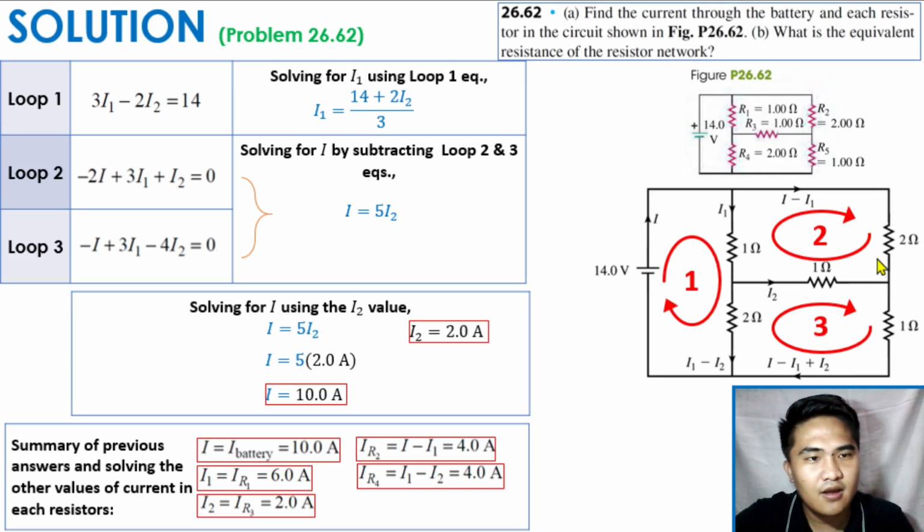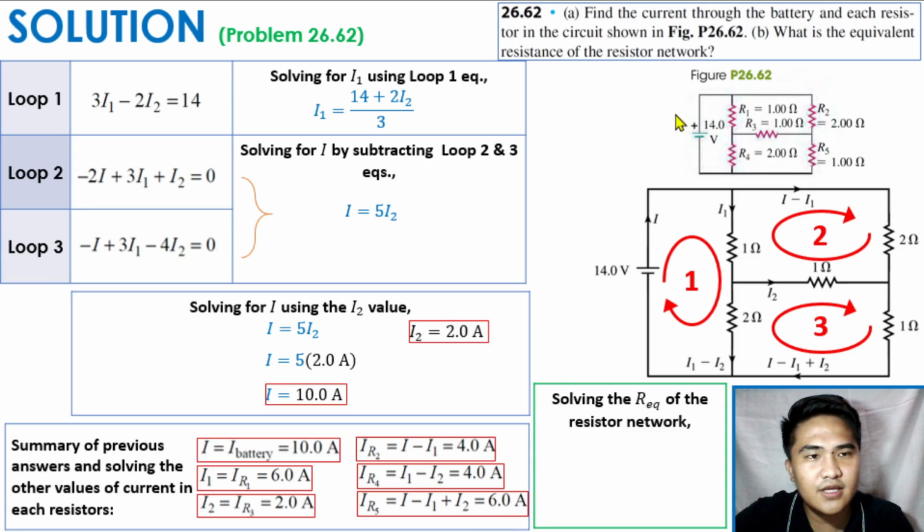Next, IR4 is I1 minus I2, which is equal to 4 amperes. Then lastly, our IR5, the current flowing in this resistor, is I minus I1 plus I2, giving a value of 6 amperes.